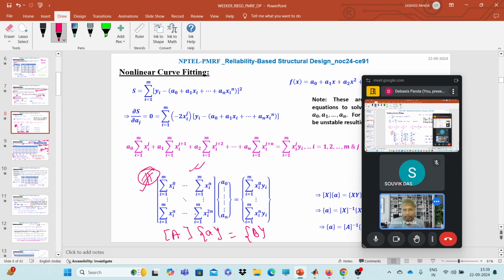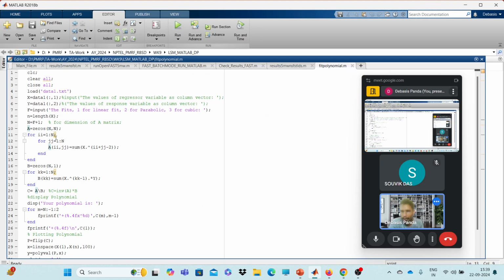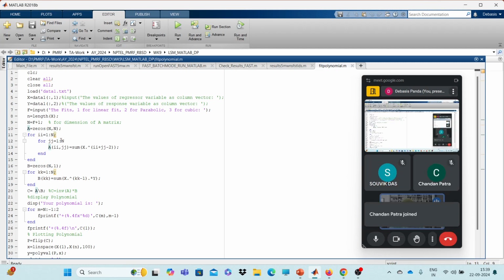So we need to find out this A matrix. Look, precisely this step is done here. For i equals 1 to n and jj equals 1 to n, because we need to create that matrix, we take summation of x to the power i plus jj minus 2.